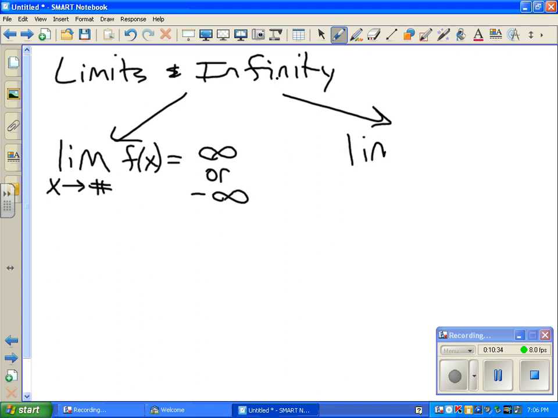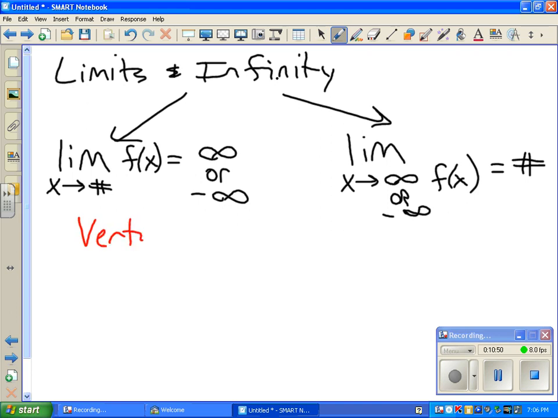In the second type, we talk about the limit as x approaches infinity or negative infinity of a function, and the answer turns out to be a number. The difference is that in the first case, we're talking about vertical asymptotes, whereas in the second case, we're talking about horizontal asymptotes.